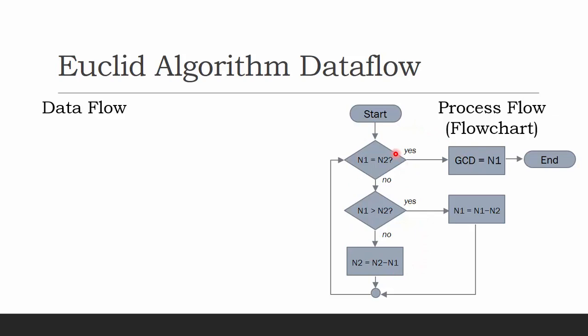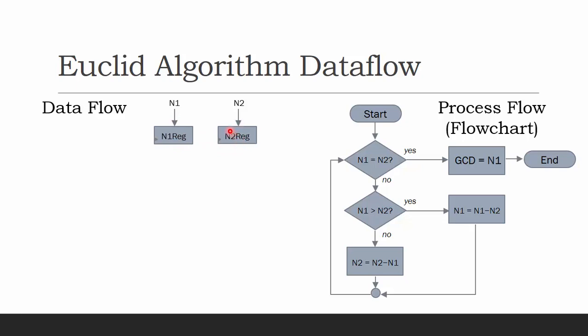First of all, it is obvious that we are going to need to keep two values, N1 and N2. So obviously we need two registers. These two registers, let's say we name it N1 reg to keep N1 or number 1, and N2 reg to keep number 2.